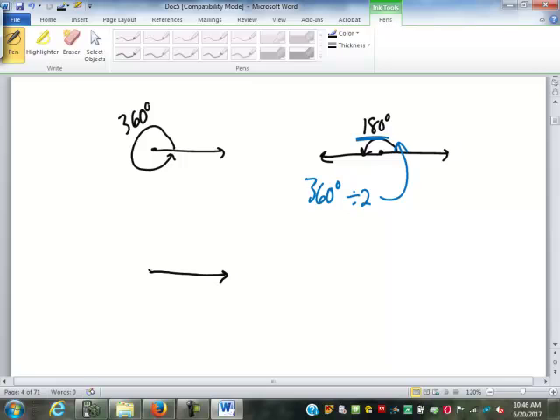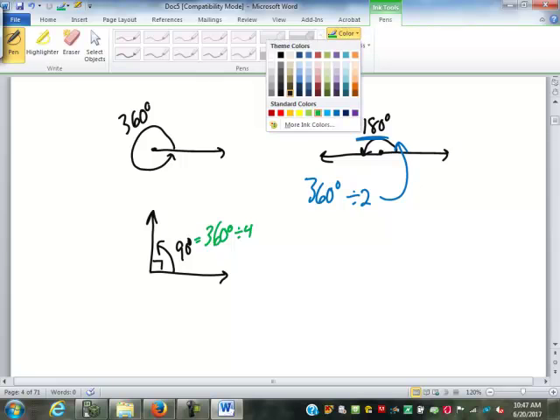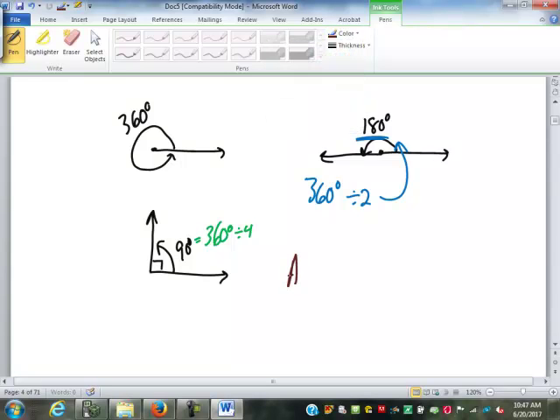If I'm going in a straight line and I turn to make a square corner or a right angle, that is 90 degrees. How'd you get 90 degrees? 360 degrees divided by 4 gave you 90. So what we have done basically, the same exactly as what we've done here, is we've defined each angle as a fraction of a full turn.